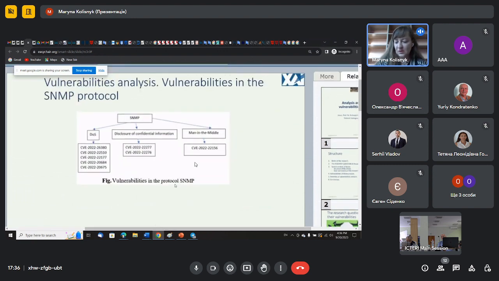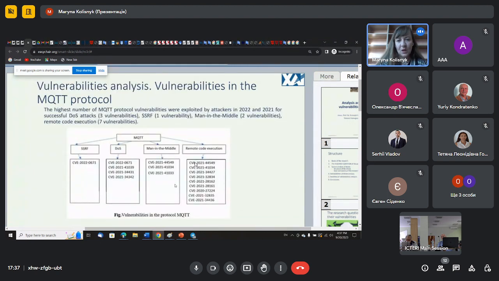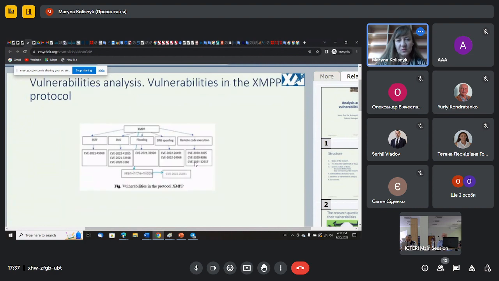Also, the SNMP protocol can be used here, and we can also find information about types of cyber attacks on these vulnerabilities and numbers of vulnerabilities. Also, the MQTT protocol can be used, XMPP.